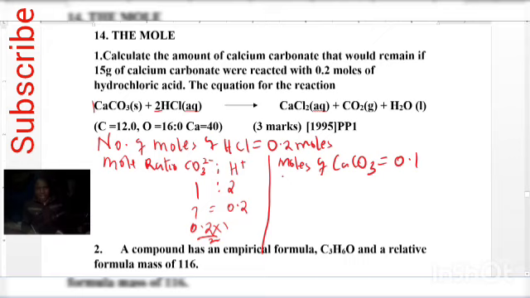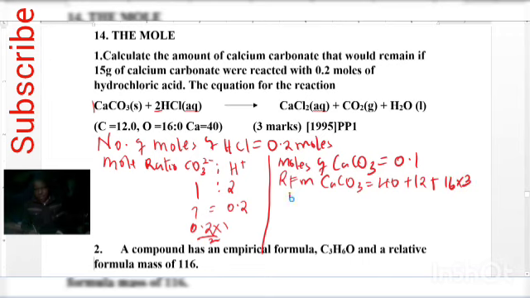Now we can get the RFM of calcium carbonate. The RFM of calcium carbonate, you add it up. We have been given here calcium is 40, so 40 plus carbon 12 plus oxygen 16 times 3.